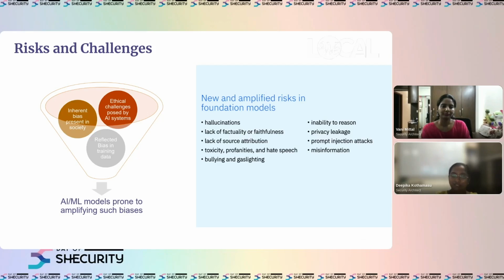For example, let's say we have taken training data based on this conference, where there is a significant one kind of population here. If we make hiring decisions, then the decisions may be biased against certain groups.